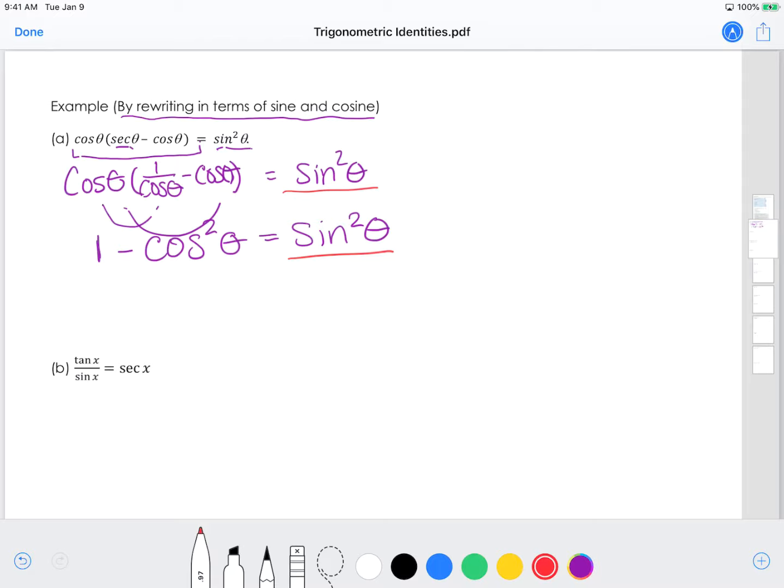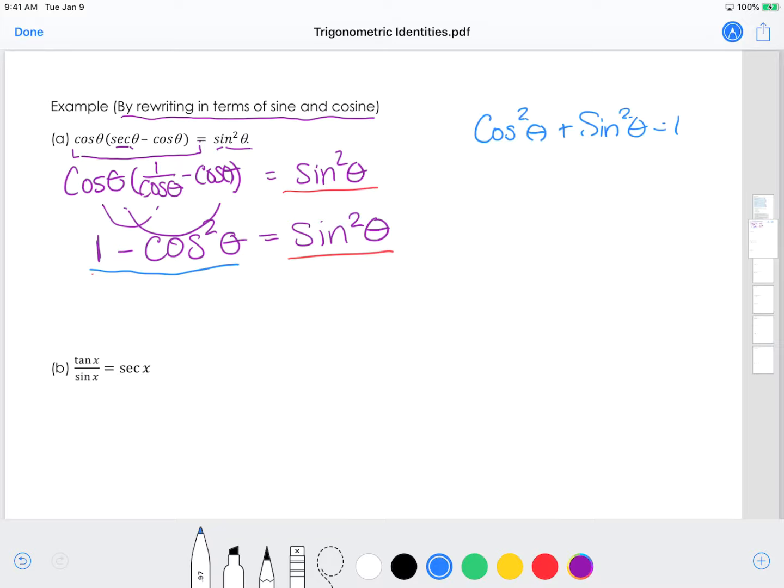Okay, now this is where you might want to refer to one of your identities above. The 1 minus cosine squared theta actually comes from one of our Pythagorean identities. So we have the identity cosine squared theta plus sine squared theta is equal to 1. That was one of our Pythagorean identities above in the shaded blue box.